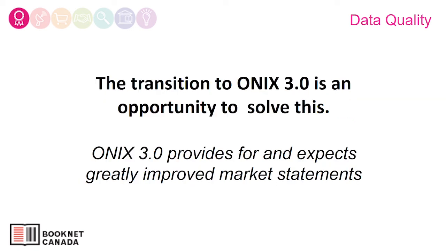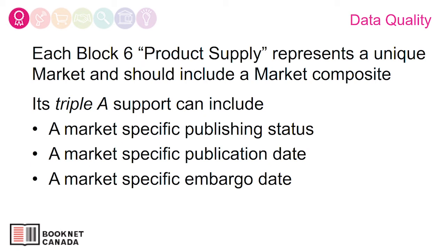The transition to ONIX 3.0 is an opportunity to solve this. ONIX 3.0 provides for and expects greatly improved market statements. Next slide. Each Block 6 product supply represents a unique market and should include a market composite.